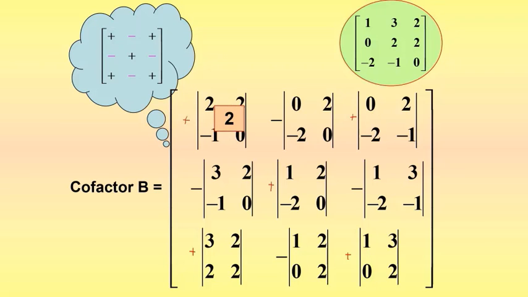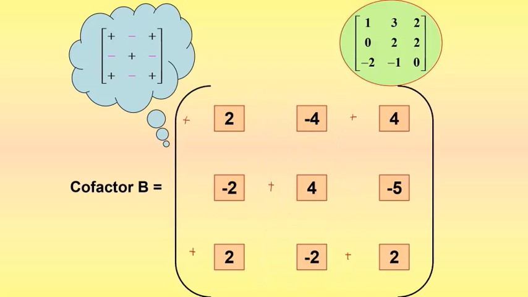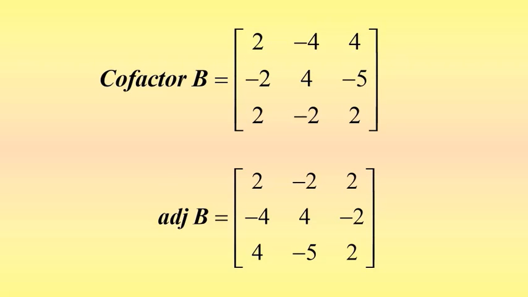So for this one we get 2, negative 4 for the second row, fourth row, and the result for our cofactor matrix of B is this one. Here is our adjoint matrix, by making the transposition operation of the cofactor matrix.